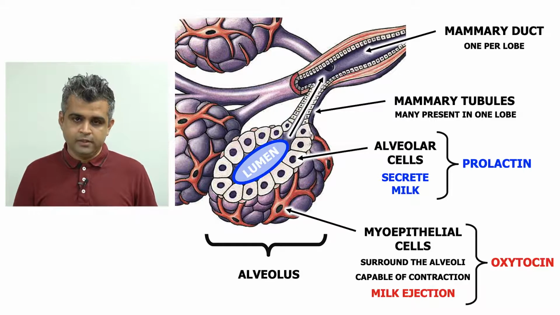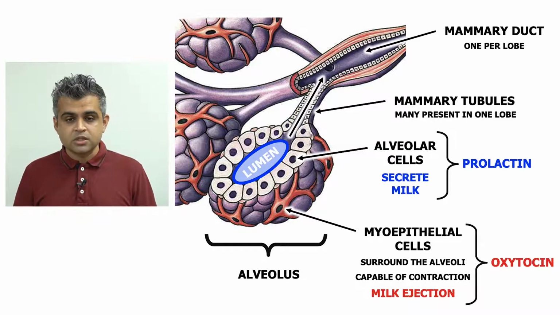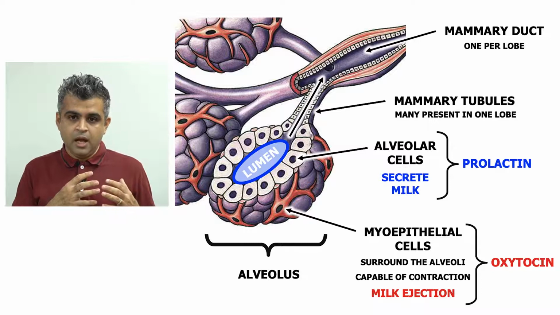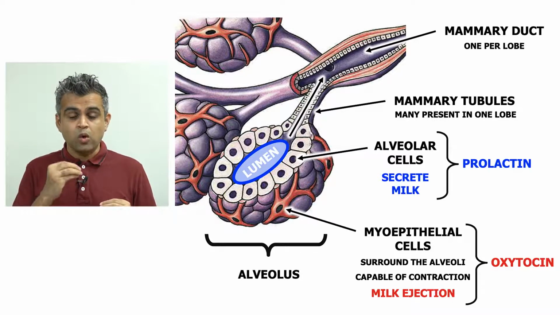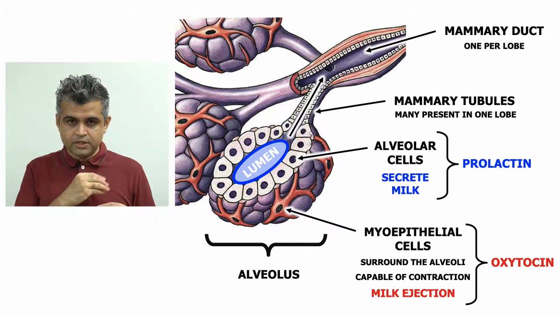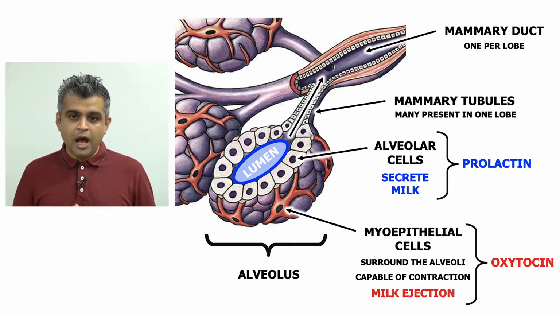The answer is prolactin. Prolactin is responsible for production of milk. Prolactin is responsible for milk secretion. However, prolactin will only make the milk in the breast. How is the milk which is already produced and secreted in the breast pushed out? How does milk ejection take place?